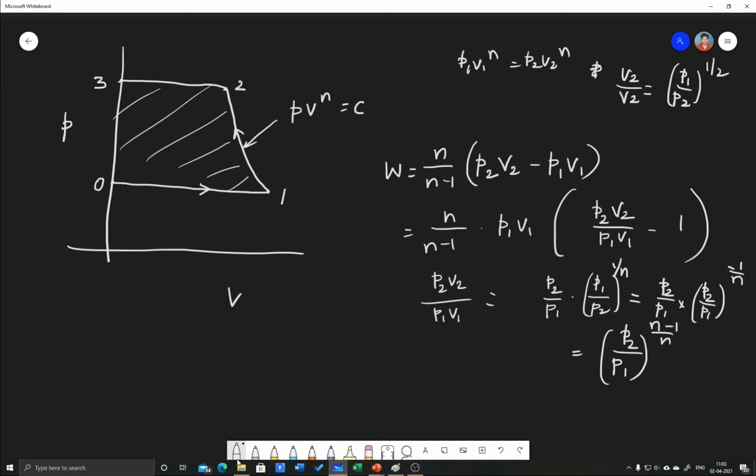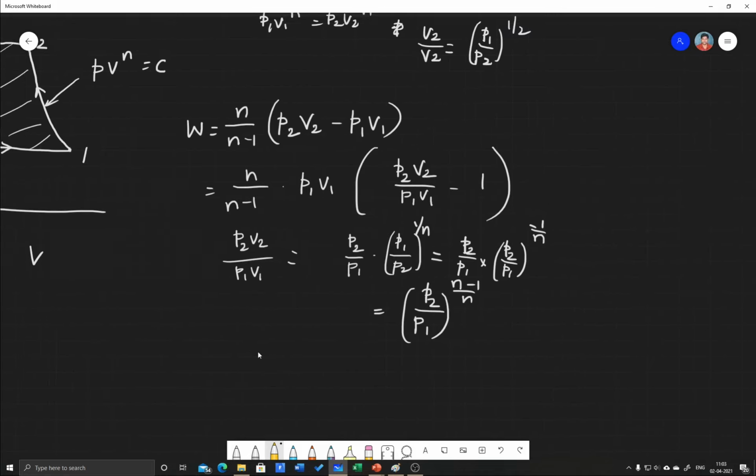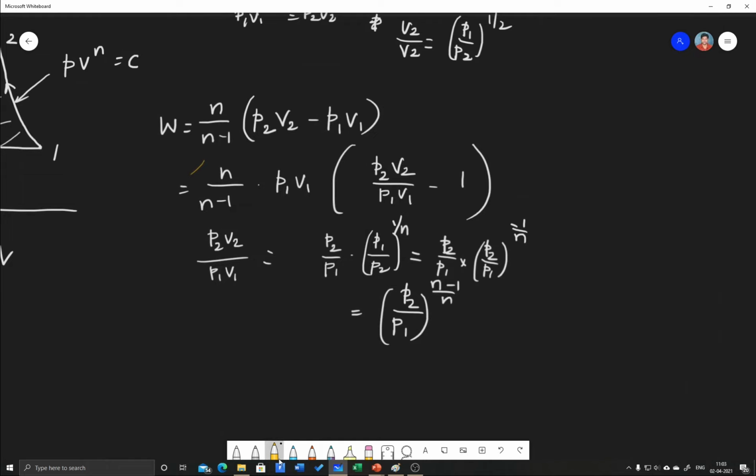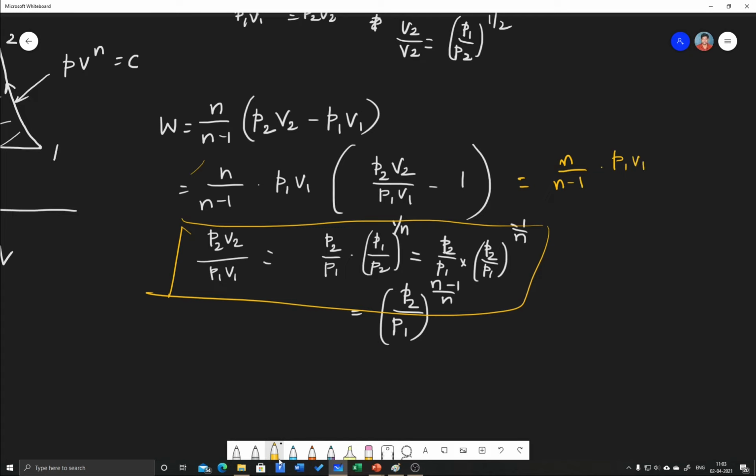So the final formula for work done will be n by n minus 1 into P1 V1 multiplied by P2 by P1 whole power n minus 1 by n, minus 1. This is the formula for work done by the compressor.